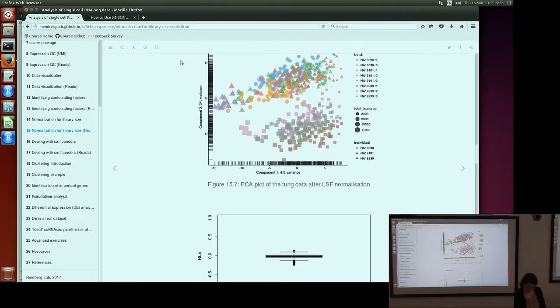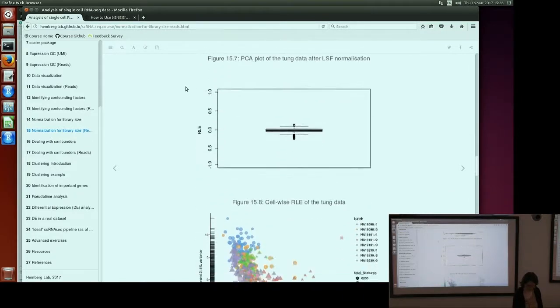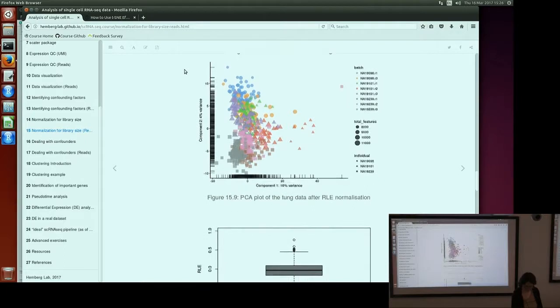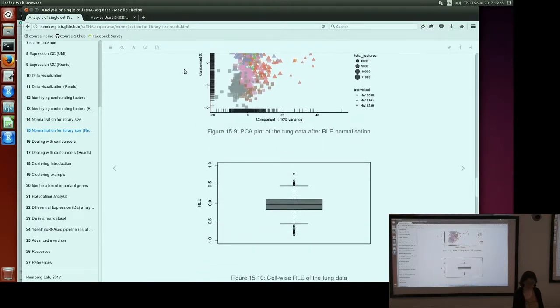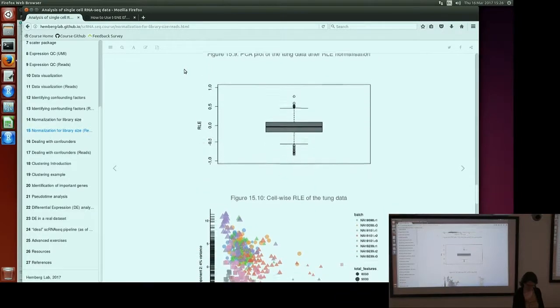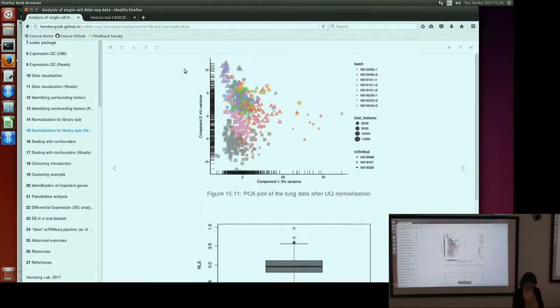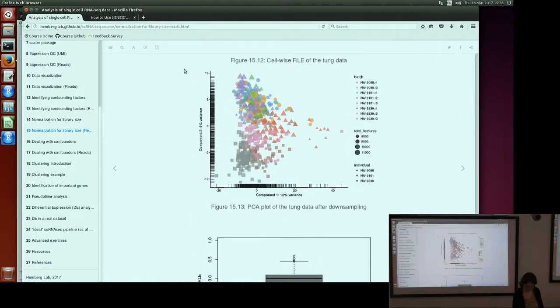For, I think this is the scran method, it looks very similar to CPMs again, because our data set is quite homogeneous. Size factors looks quite similar to TMM once again, as does UQ, which don't work so well on the counts.